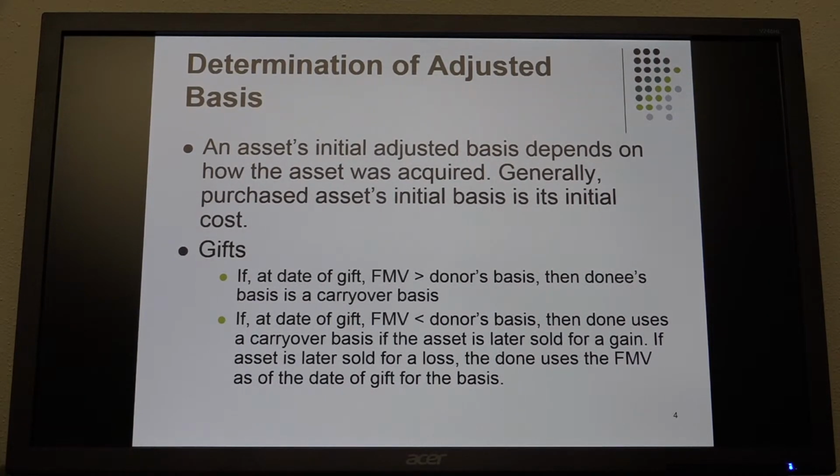Well, for a gift, if you receive property as a gift, it kind of depends on the fair market value on the date of the gift as to what the initial basis is. If on the date of the gift, the fair market value of the asset gifted is greater than the donor's basis, then the donee's basis is a carryover basis.